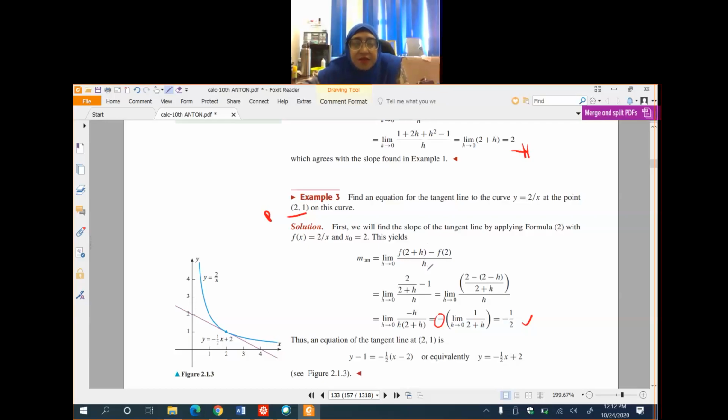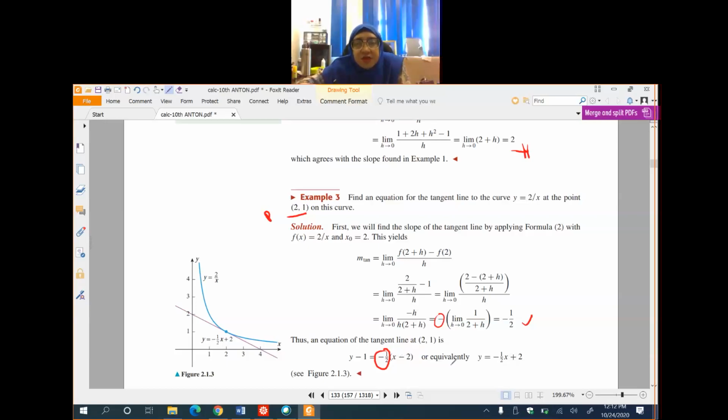Okay. So in order to get the equation of the tangent line, you have to substitute y minus y naught is equal to m multiplied with x minus x naught. So this is the equation of the line. Here it is for m. In this case, your y naught is 1 and x naught is equal to 2.